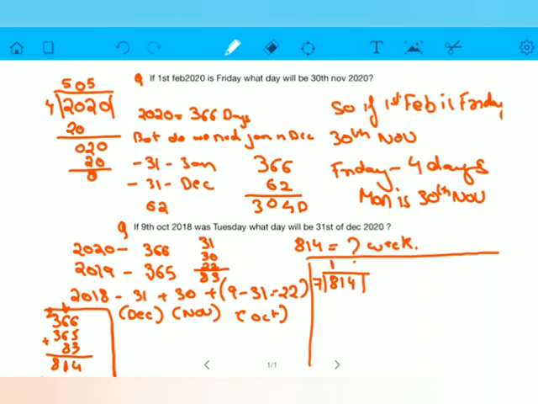So we'll put 1 and then subtract 7 from 8. Now we have a remainder of 1. Then we'll bring down 1 again and subtract 7 again, and that will make 4. Now we have to bring down the other 4.